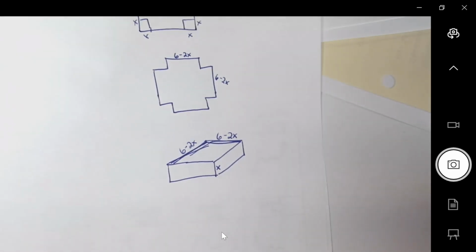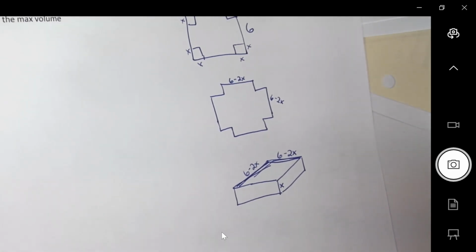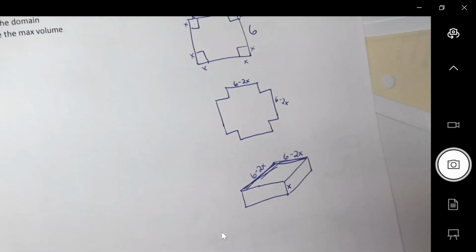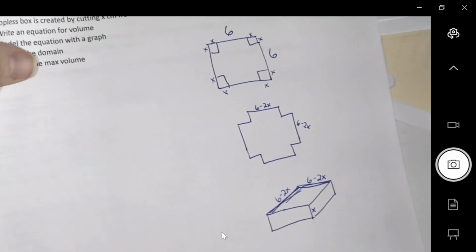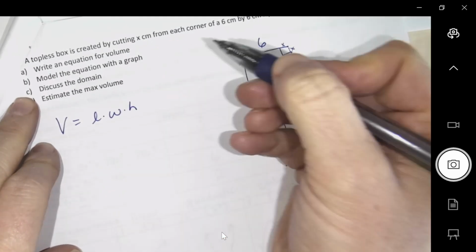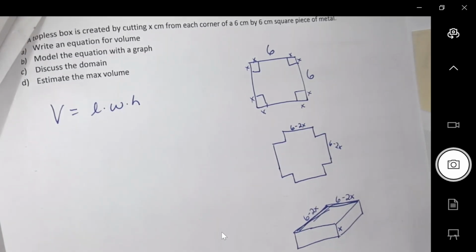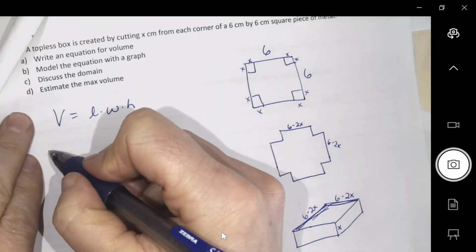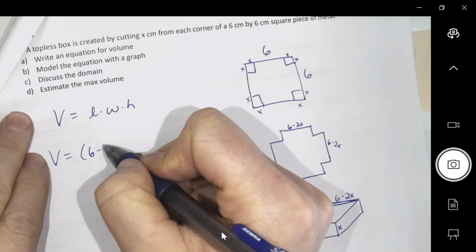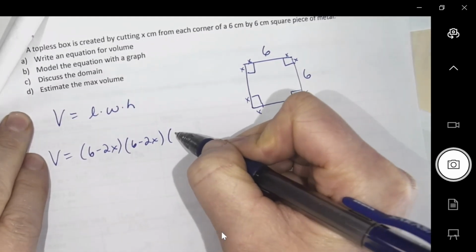Okay, how do you find the volume of a box? What's the generic formula? Length times width times height. The volume would be 6 minus 2x, 6 minus 2x, times x.